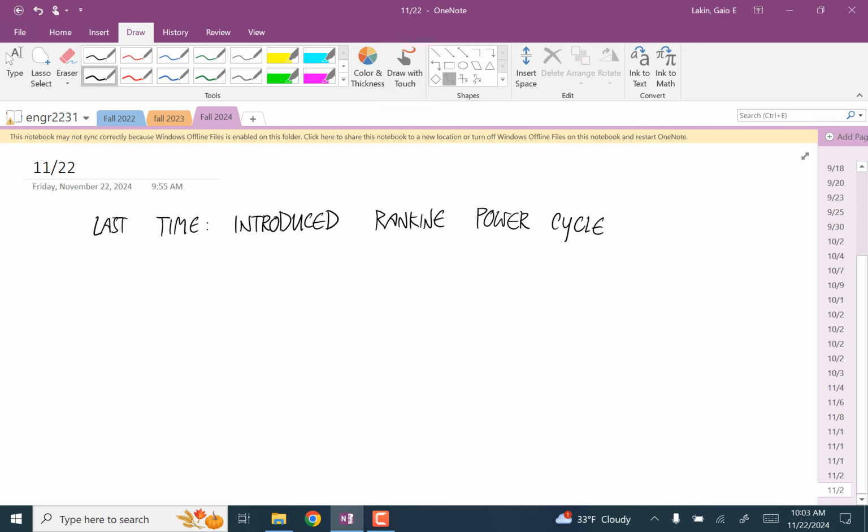And it looked like this. So this is for the ideal Rankine power cycle.